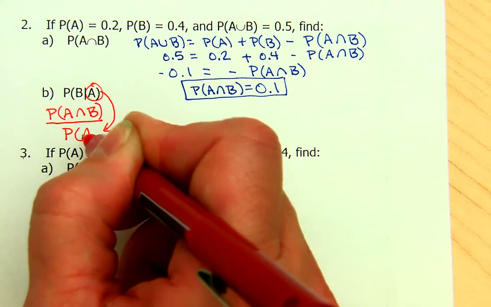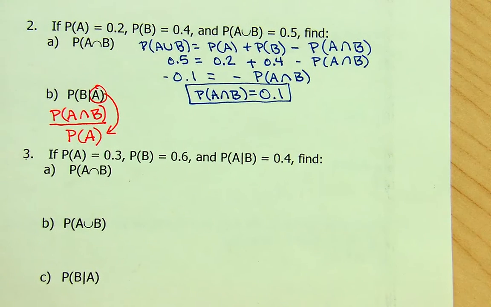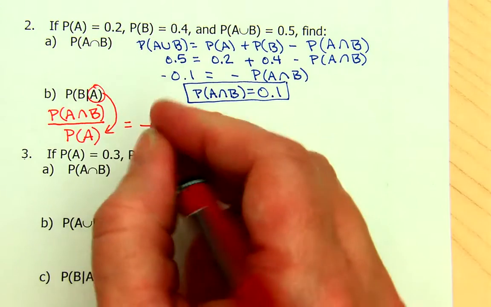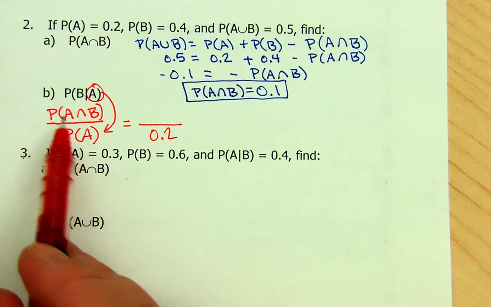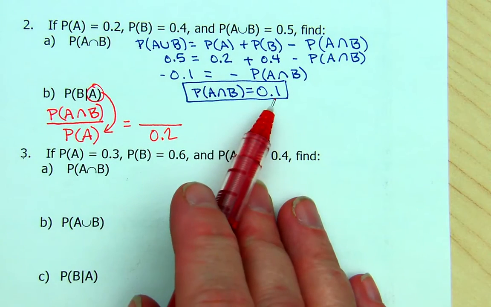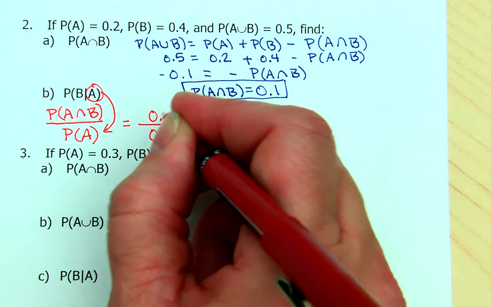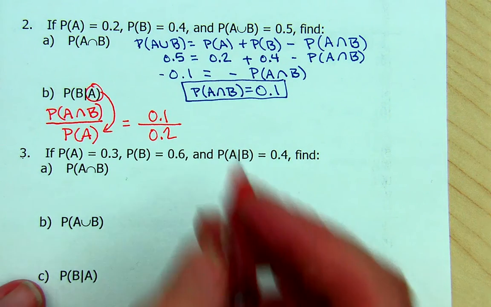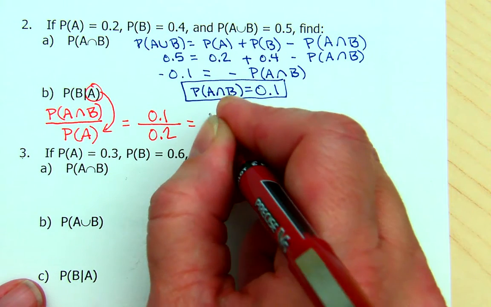So the probability of A. The probability of A I was given was 0.2. The probability of A and B, well, that's my answer from the last question, 0.1. So sometimes you're going to use a previous answer to get to these. So this is going to be 0.5.